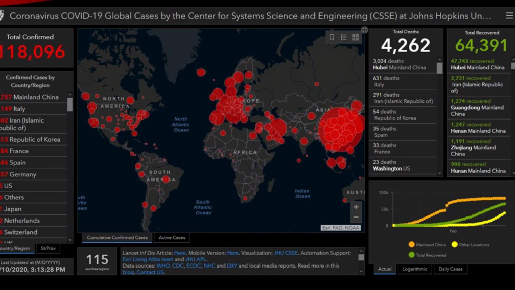And the death rate is definitely higher than the flu. We think it is higher than the flu. Right now, the death rate is calculated to be about 3.6% worldwide. Okay. In Fort Myers, it's 50%. In Florida, it's 14%.